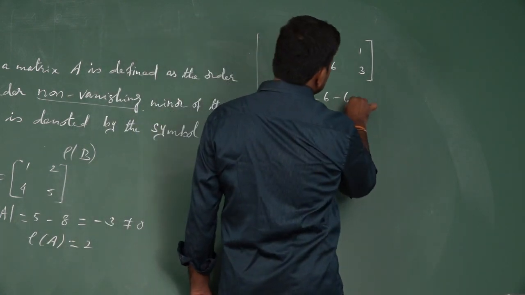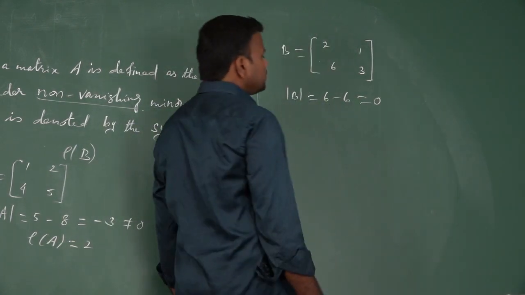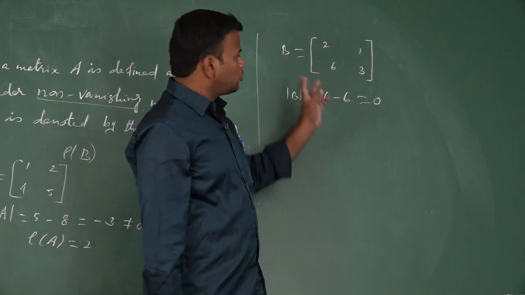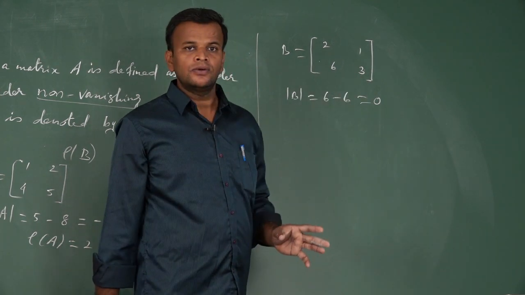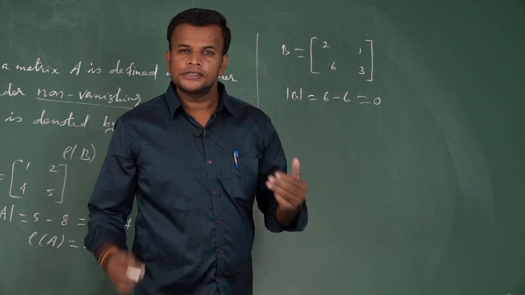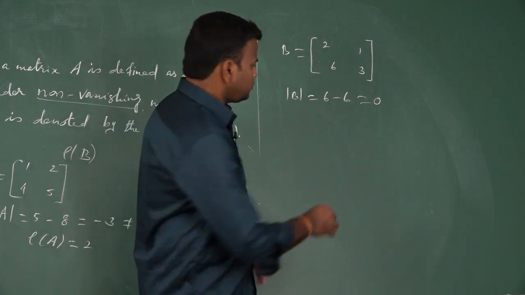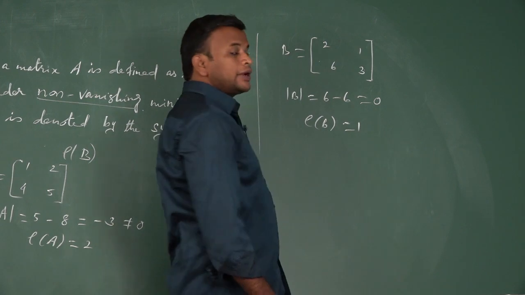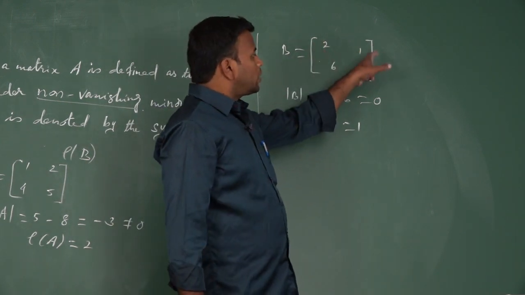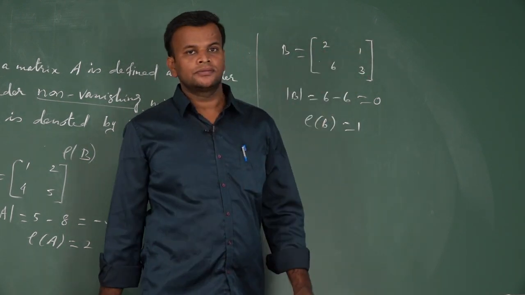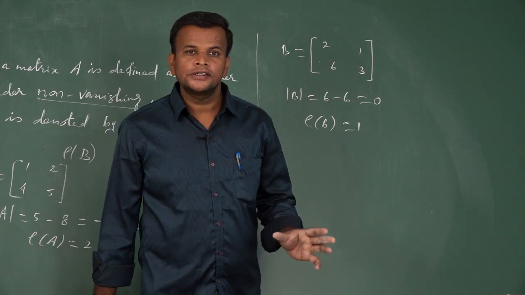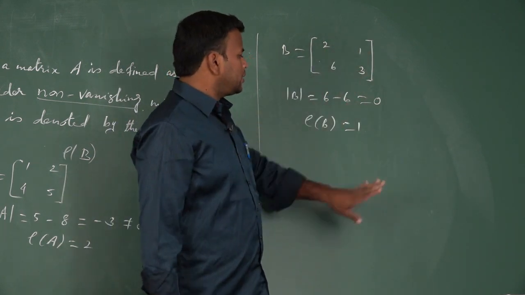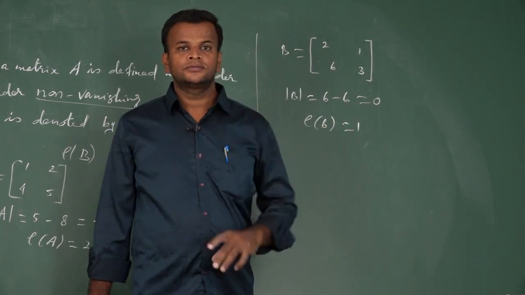So the determinant value is equal to 0. That is, the 2 by 2 determinant value is 0. Therefore, the rank of the matrix is not equal to 2. The rank of B should be equal to 1 because it has at least one non-zero element. If a matrix contains any one non-zero element, its rank becomes 1.